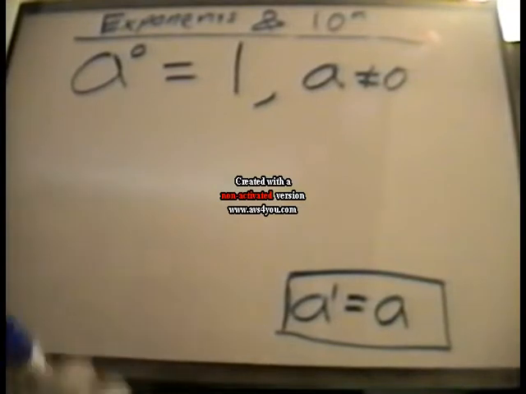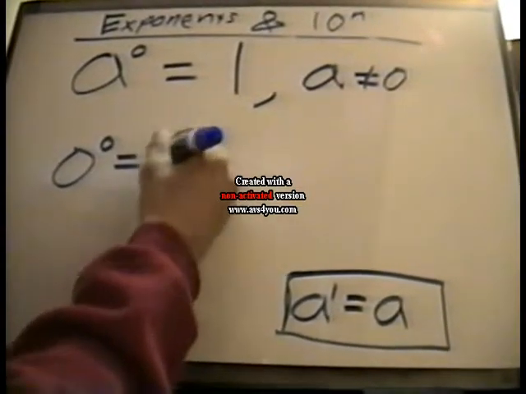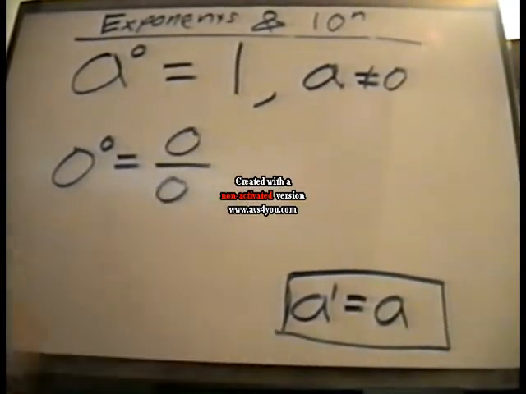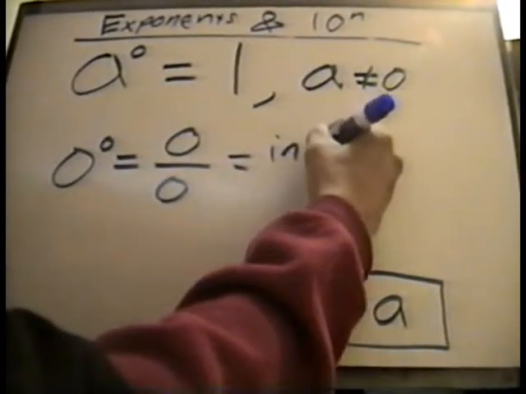0 to the power of 0 equals 0 over 0. And that's indeterminate. Can I determine that?